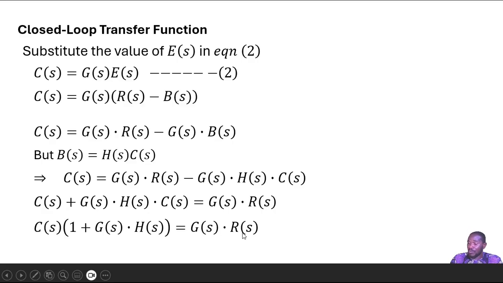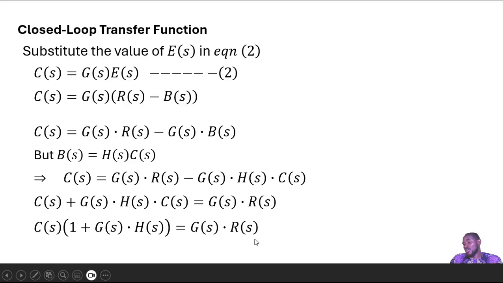So what we're looking for is the ratio of the Laplace transform of the output variable to the Laplace transform of the input variable, that is C of S divided by R of S. So, simple division. We divide both sides by R of S, and at the same time divide both sides by this whole expression, 1 plus G of S times H of S. So R of S will come down here, and 1 plus G of S, H of S will come down here.